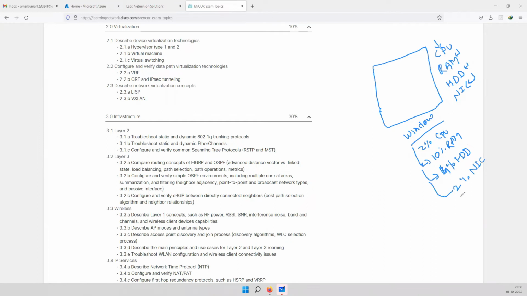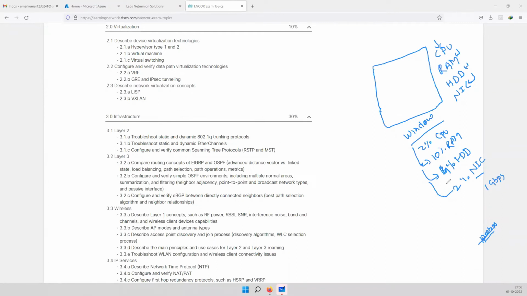Because nowadays the network interface card is supporting how much bandwidth? 1 Gbps, 10 Gbps, this much it is supporting. That time has gone when the network interface supported 10 Mbps, 100 Mbps. That's gone.